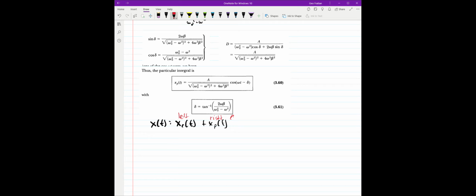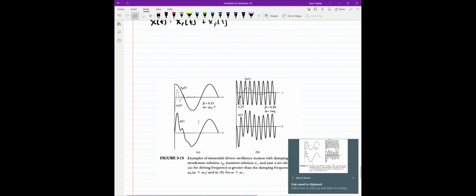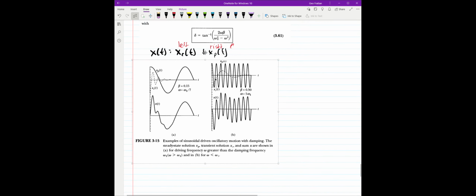Okay. So now that we know this, let's look at some pictures to see what's really going on. This is really complicated math, not the pictures, but what we just did, which is a pain to solve by hand, but that's why we have mathematicians or computers.